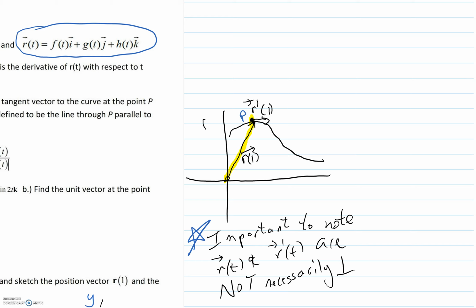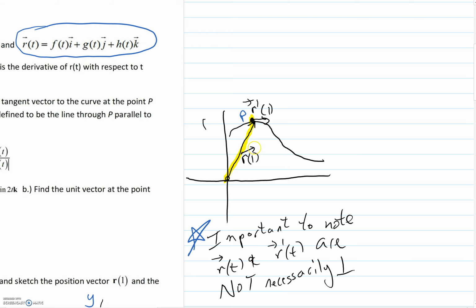And I think it's very easy for kids to look at a later theorem and think, oh, the derivative r prime must always be orthogonal, or make a right angle, with the original vector. Definitely you can see in this case that's not true. What you are seeing is that r prime of 1 is really showing how our vector function is changing, how the motion is changing, so to speak.